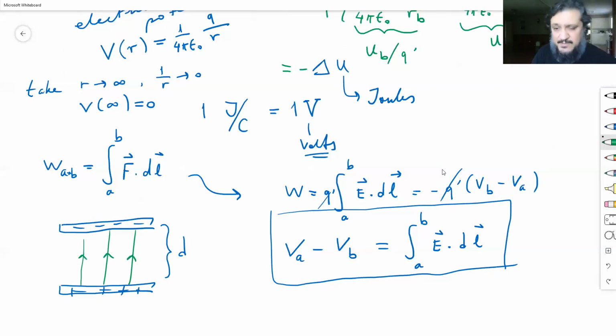I picked this example because the integral is really simple in this case. It just becomes E times d. So this integral is nothing but E times d. All right? I'm moving from A to B.